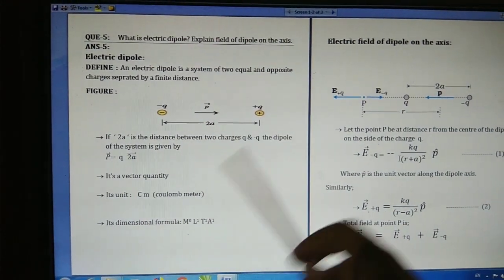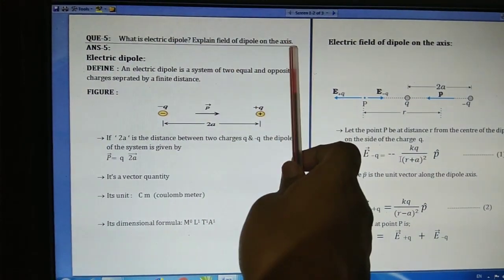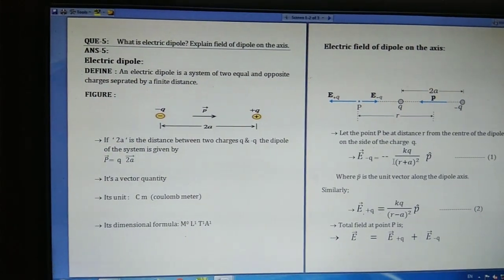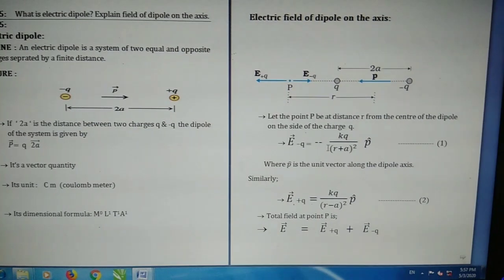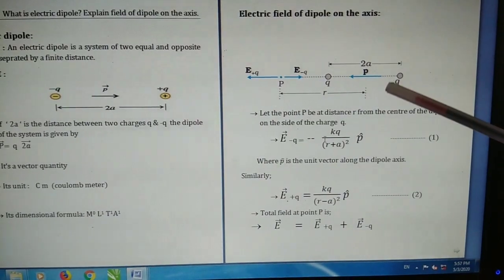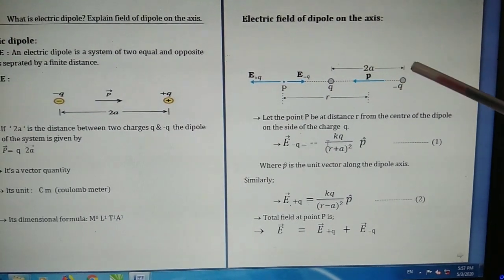Now let's talk about the second half of the question. Explain the field of a dipole on the axis. Now focus on this figure. Here two charges, positive and negative, are separated by a finite distance 2a.